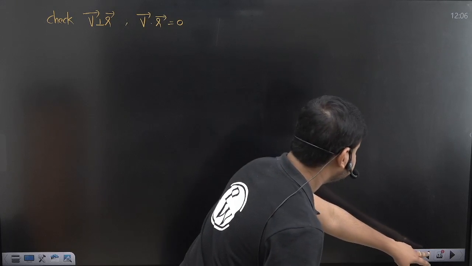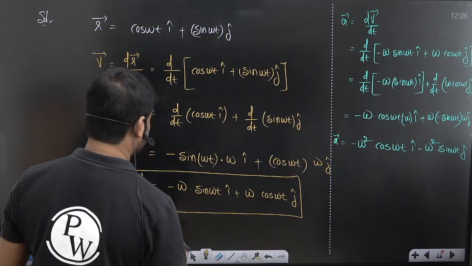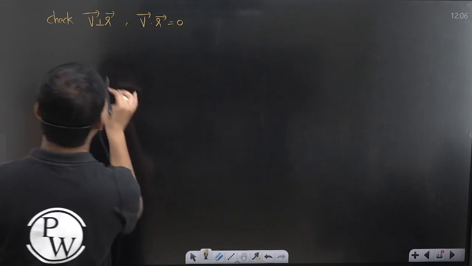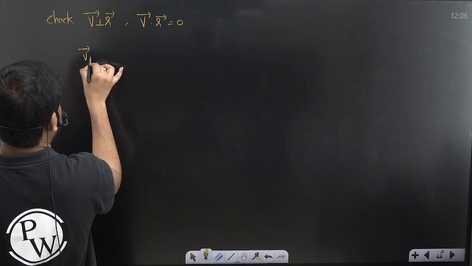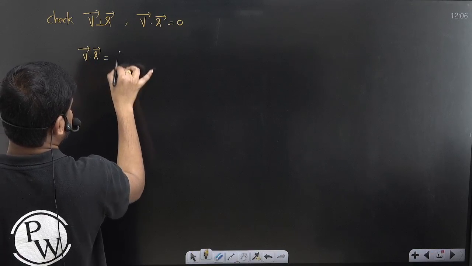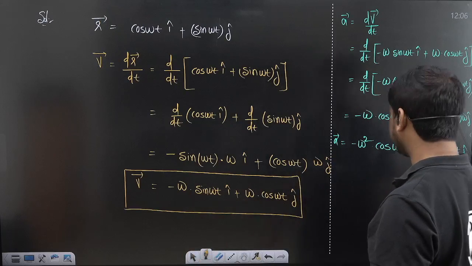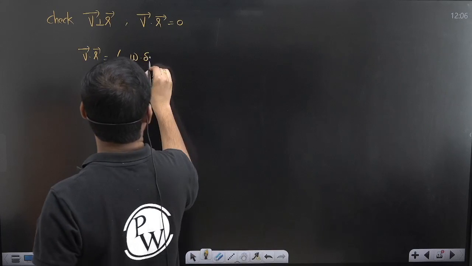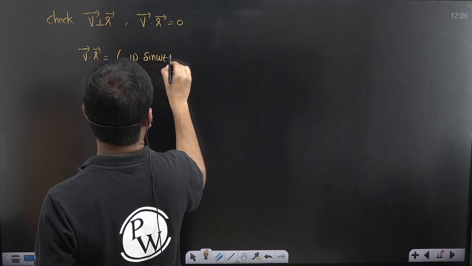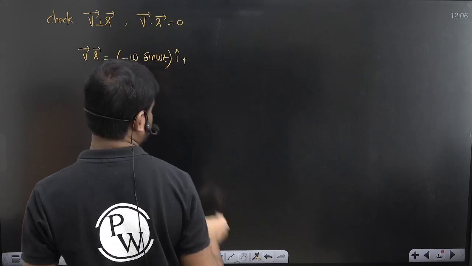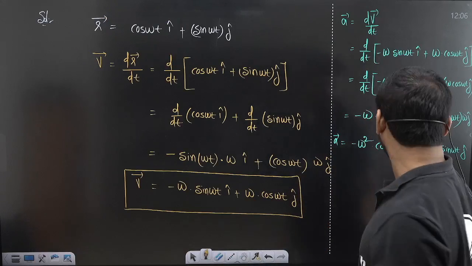So what is the velocity vector that we got? Let me write clearly, v dot r is equal to minus omega sine omega t I cap plus omega cos omega t j cap.